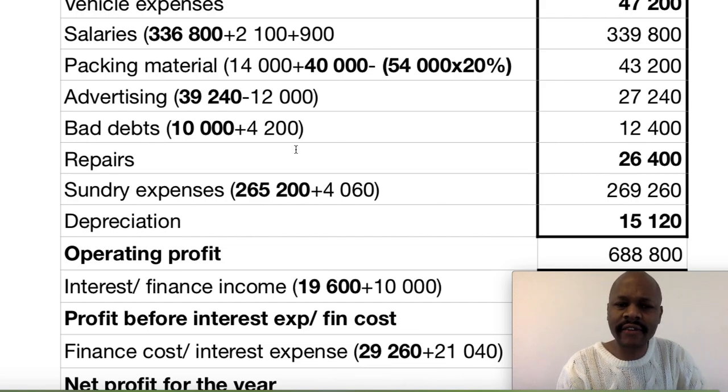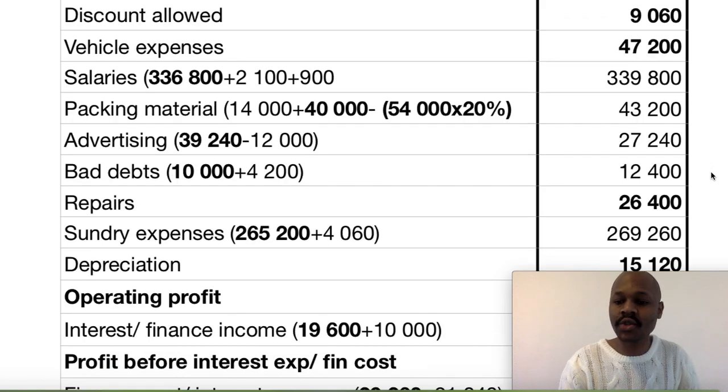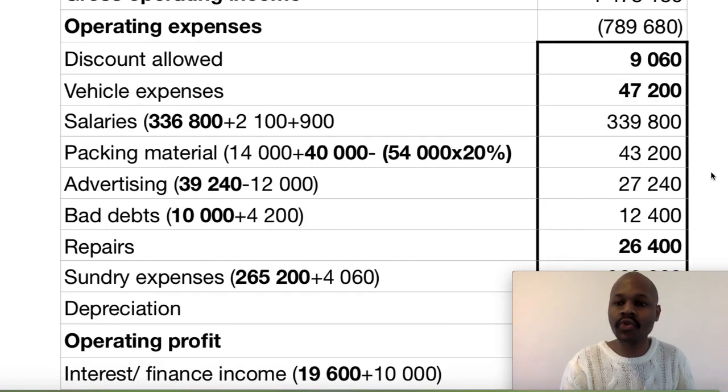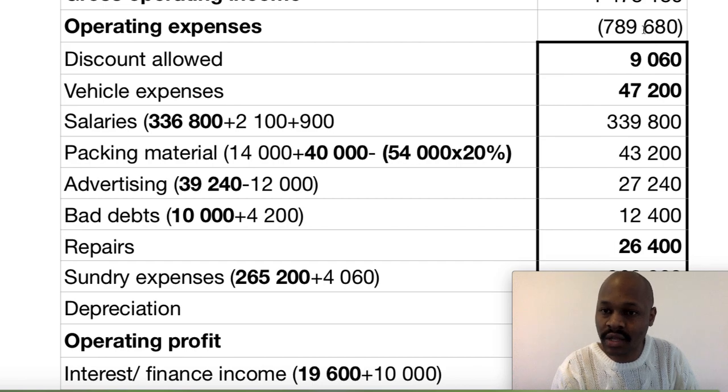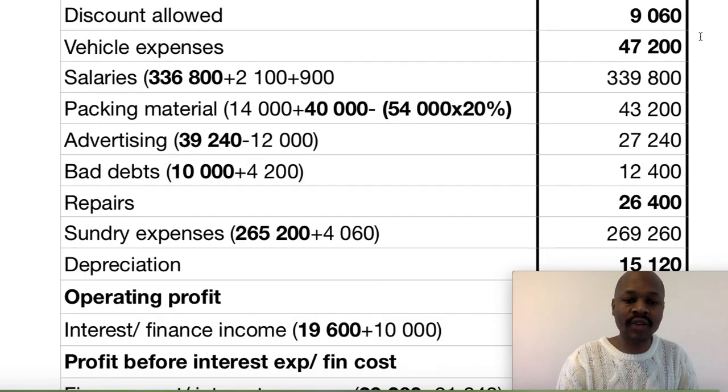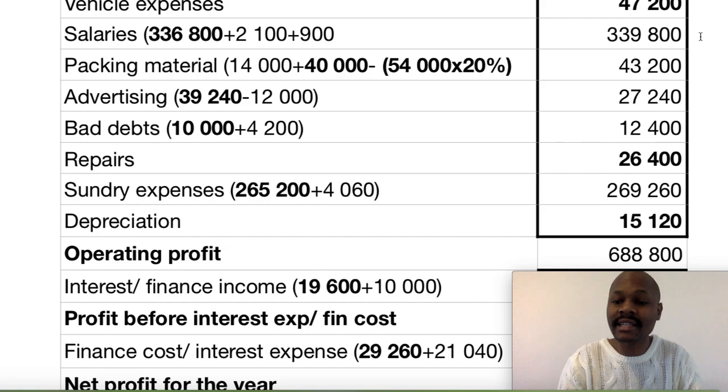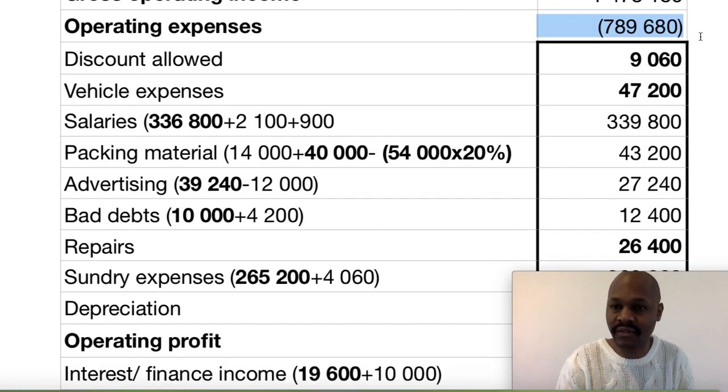Now that you have covered all the operating expenses, how much do they amount to? They amount to 789,680. You add all of them, they give you this much. Then we have what you call profit, operating profit rather. We have operating profit.